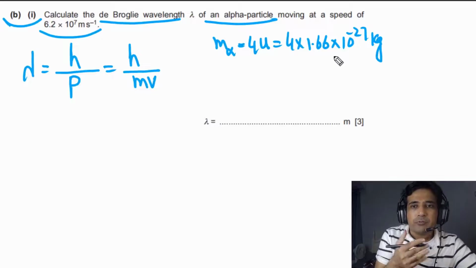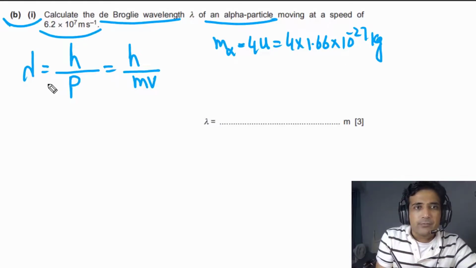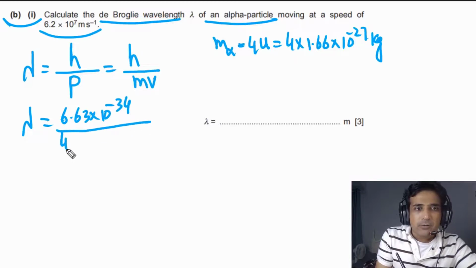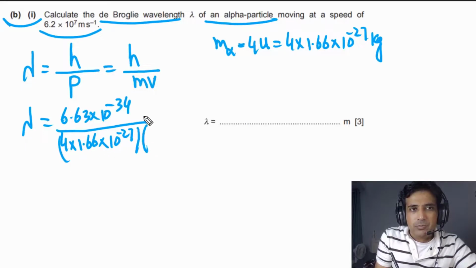So simply we need to plug in values now, and we can find the value of lambda. Planck's constant is equal to 6.63 times 10 to the negative 34 divided by the mass of the alpha particle, 4 times 1.66 times 10 to the negative 27 kg, multiplied by the speed of the alpha particle, that is equal to 6.2 times 10 to the 7 meters per second.